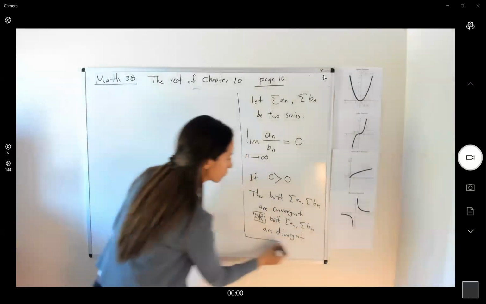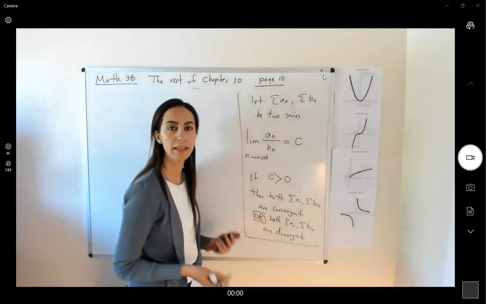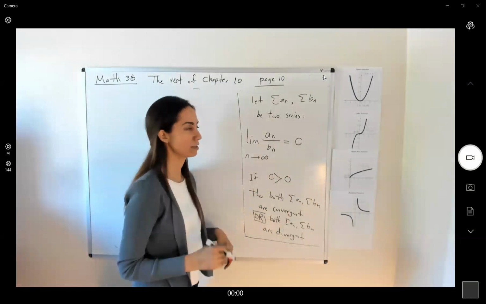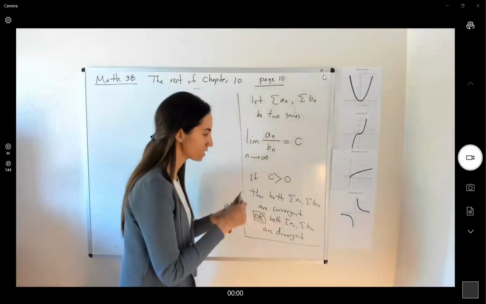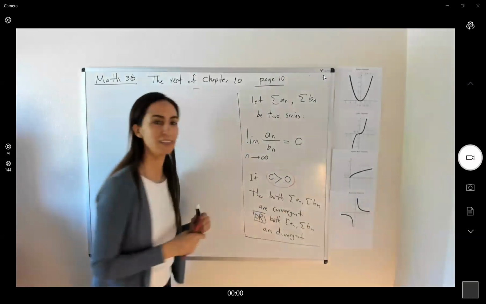Note that if C is equal to 0, or if C is negative, we have to use a different technique. This technique doesn't work. It works only for C greater than 0.